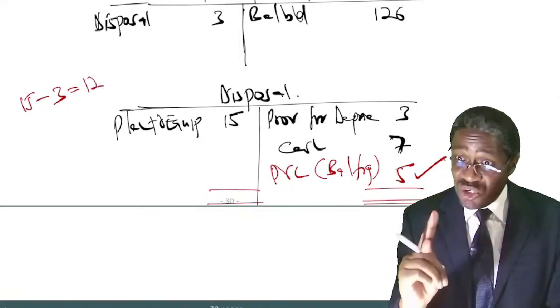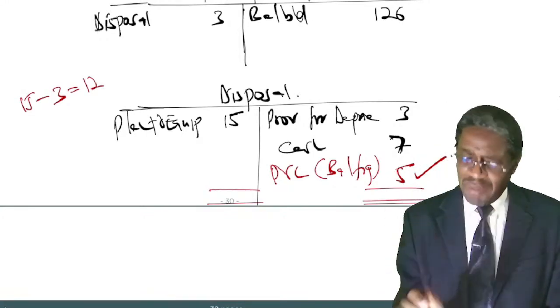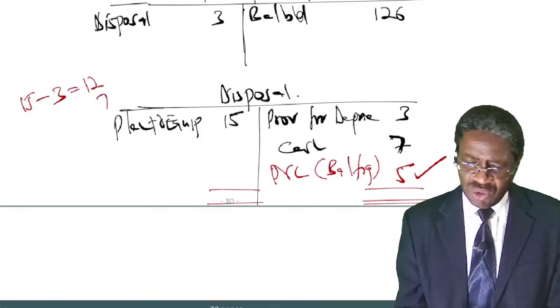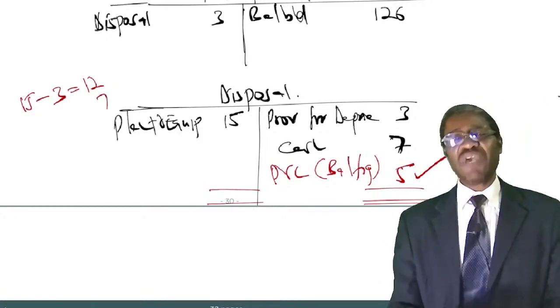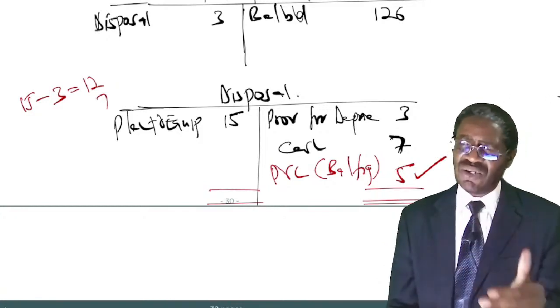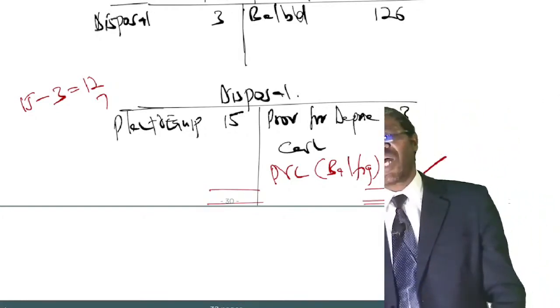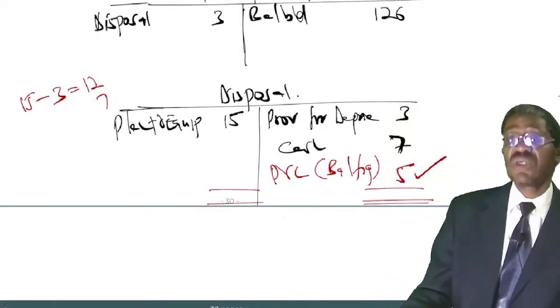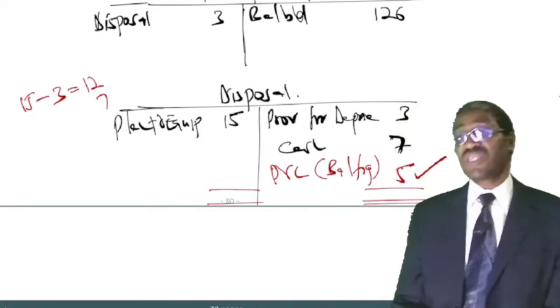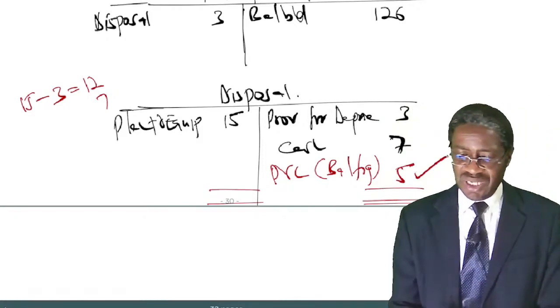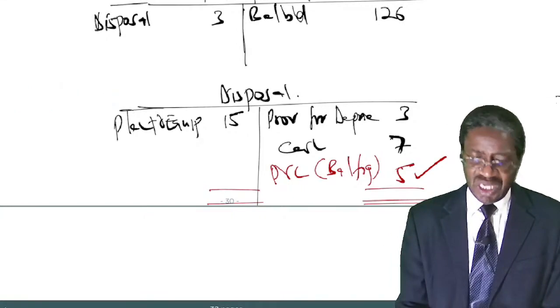But I sold it for how much? I sold it for 7. So if I sold it for less than its book value, then I must have sold it at a loss. So that's how we are determining that the 5 million is a loss.